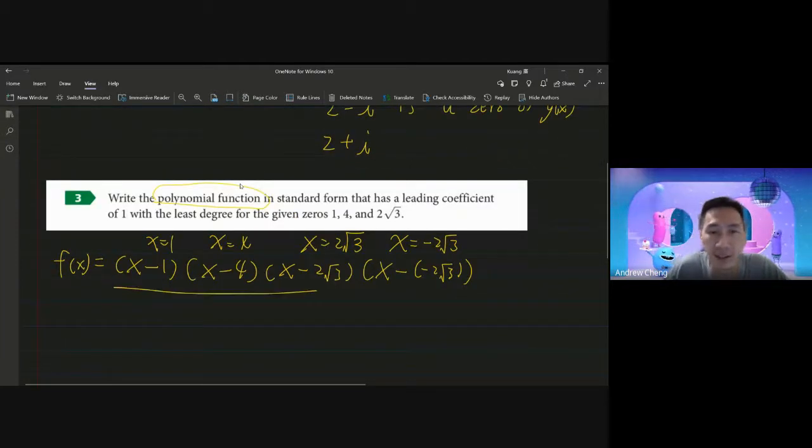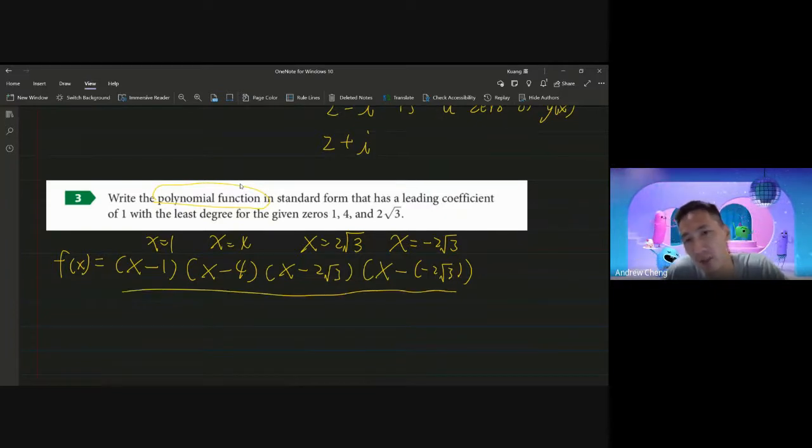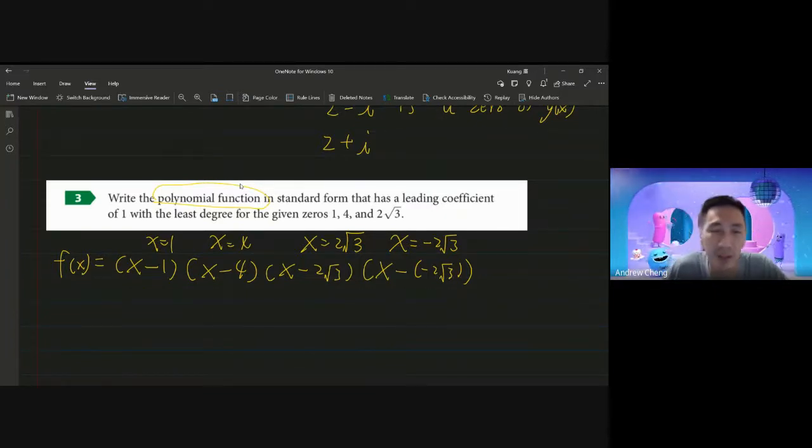If you write this here, you can get half credit. You need to expand it and show me the final result, multiplying out the product. So let's do this together.